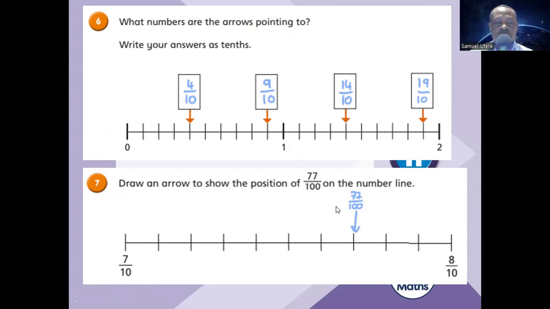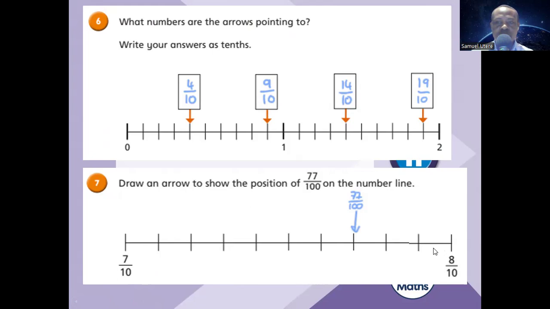Question 7, you were asked to draw an arrow to show the position of 77 hundredths. Now, we know that the difference between 7 tenths and 8 tenths is 1/10. And we know that we have 10 intervals.